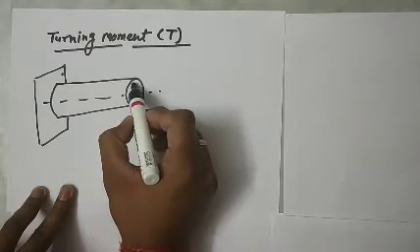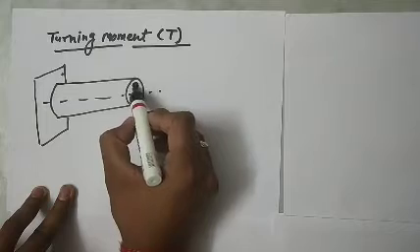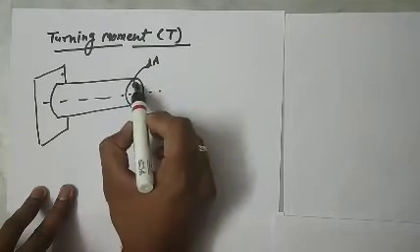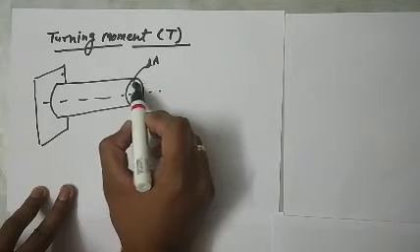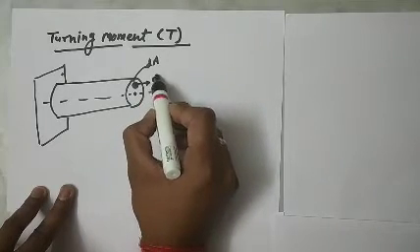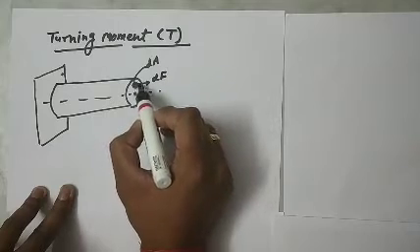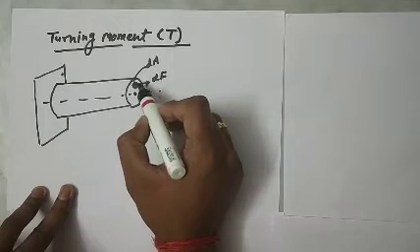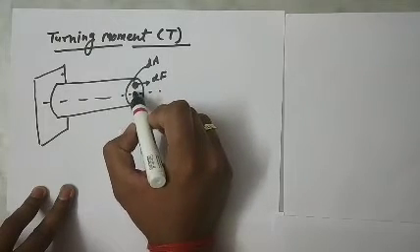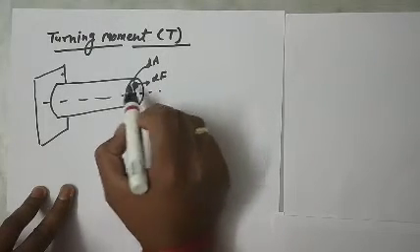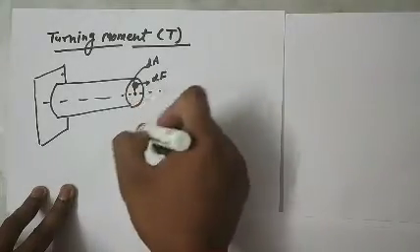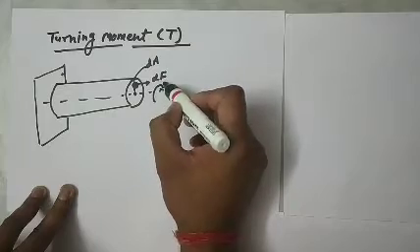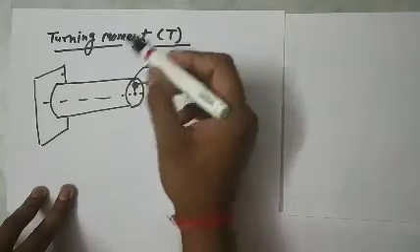Now here consider a small elemental area dA, and the turning force acting on this area is dF. This force dF is responsible for the turning of the shaft about the axis of rotation, in this direction.